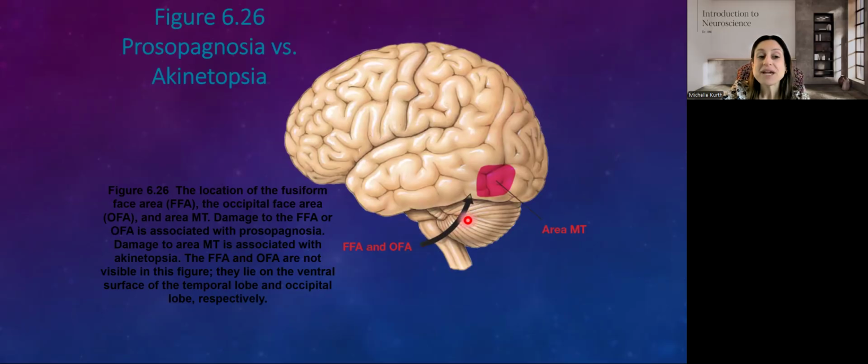And then the damage to the medial temporal area is right here, marked in red, and it's associated with akinetopsia. Now, the FFA and the OFA, you can't really see them in this figure, and the reason is because they actually lie on the ventral surface of the temporal lobe and the occipital lobe, respectively. Okay, so you can't see it in this.